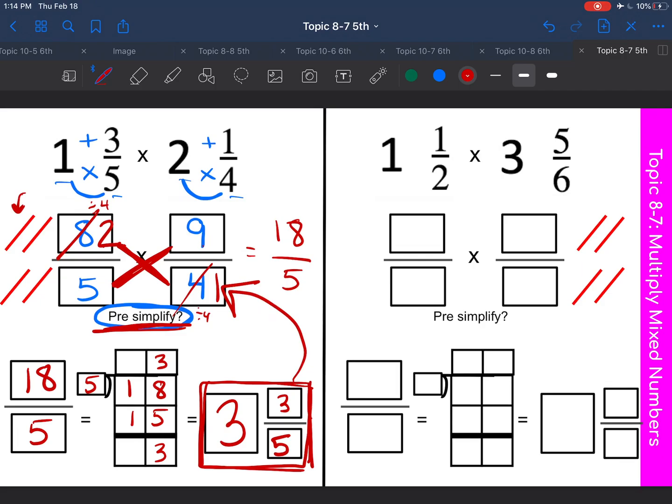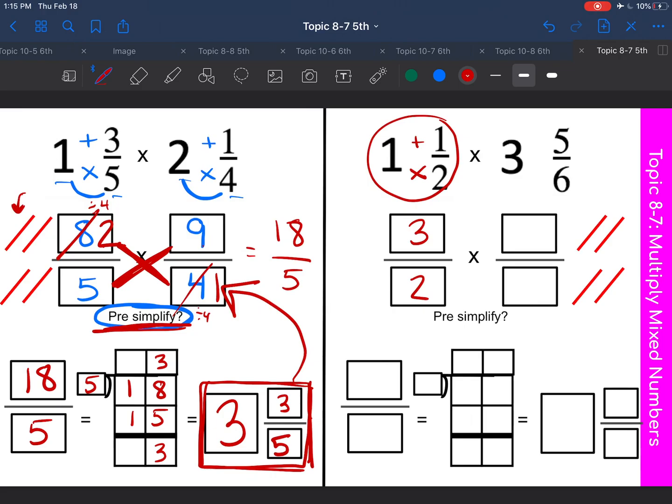Now we're going to look at this next problem, okay? We're going to convert this to an improper fraction, okay? So we can convert it to an improper fraction, multiply the denominator by the whole number, add the numerator, okay? 2 times 1 is 2, plus 1 is 3, 3 over 2, okay?